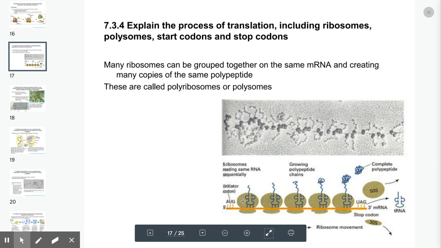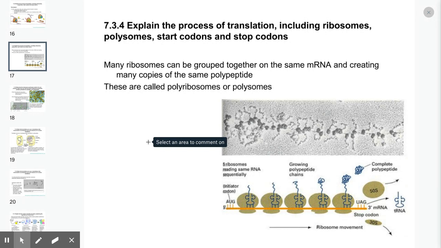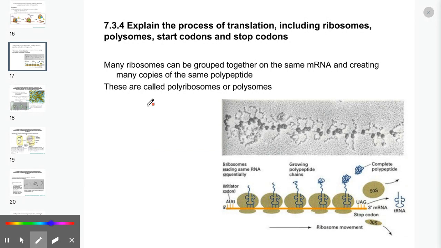The last part of 7.34, and I'm going to blend this into 7.3.5 and 7.3.6 because it's all about ribosomes. So 7.34 was the translation part, but they want us to talk about these things called polysomes. And basically, all a polysome is a polyribosome, which means a lot of ribosomes.